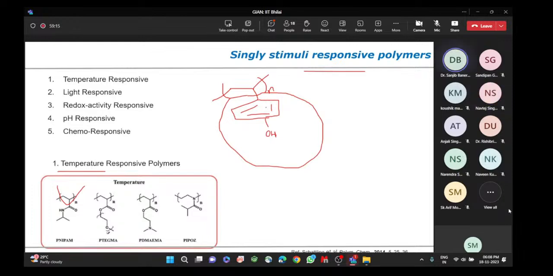Okay, so this is a good question. What can be done is, instead of PNIPAM, if you take a polymer which has amino acid backbones, in that case the hydrogen bonding interactions can be observed using a technique called circular dichroism or CD spectroscopy.